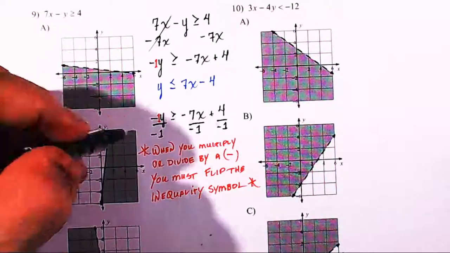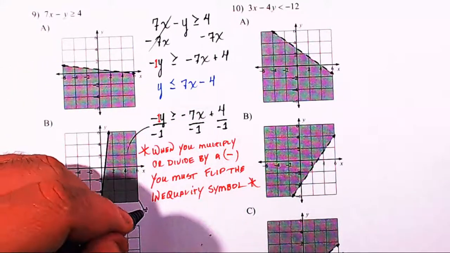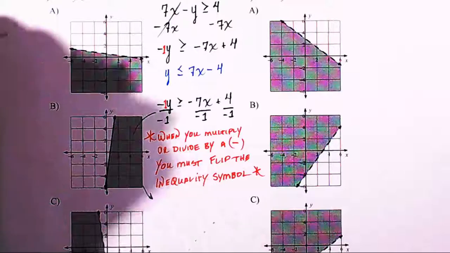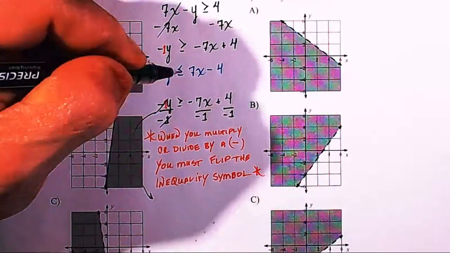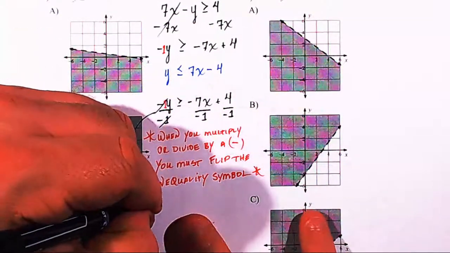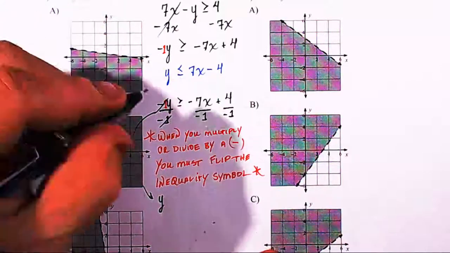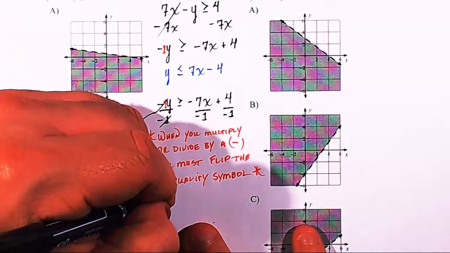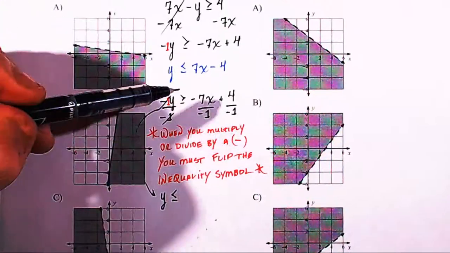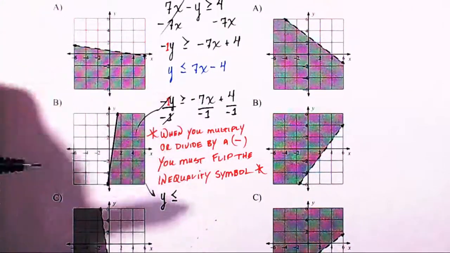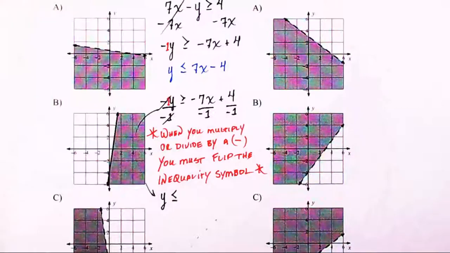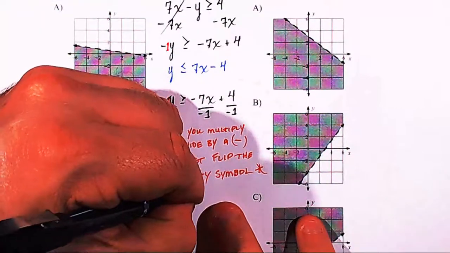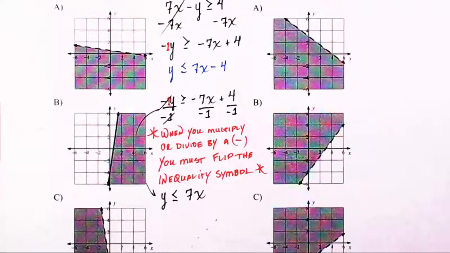So, moving on, let's pick this up here. These negative ones cancel, leaving y by itself on the left. Now I've got to flip the sign. So it was greater than or equal to, and now it's less than or equal to. Negative 7 over negative 1 is positive 7, so I can just write 7x.